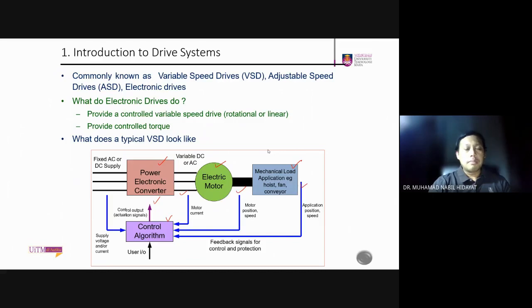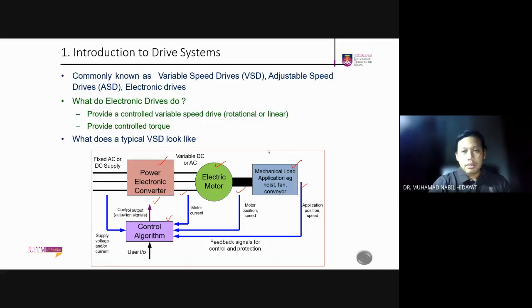The function of the power electronic converter is to convert to a suitable power source that is required by the electric motor. All the outputs of the power electronic converters, the motor, and the mechanical load will be sensed by a sensor.